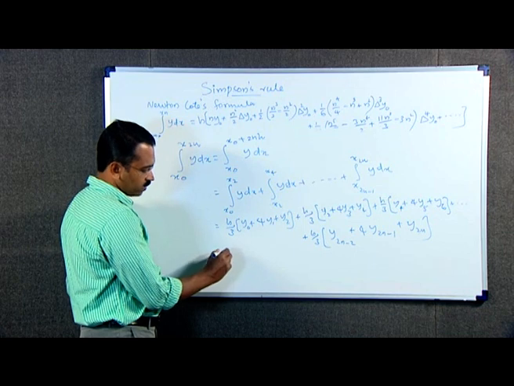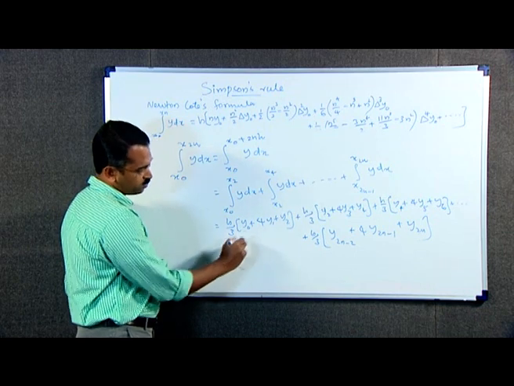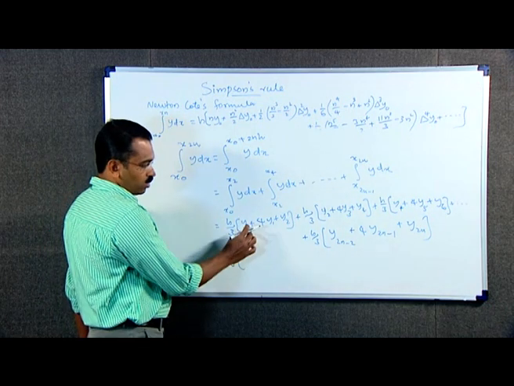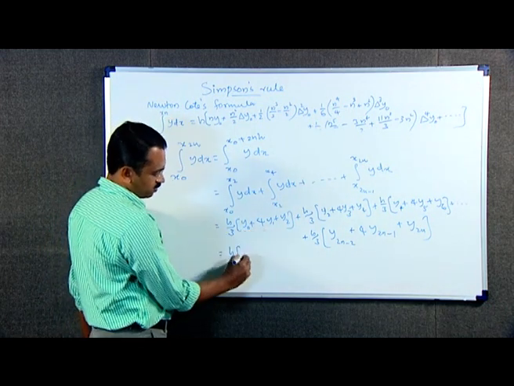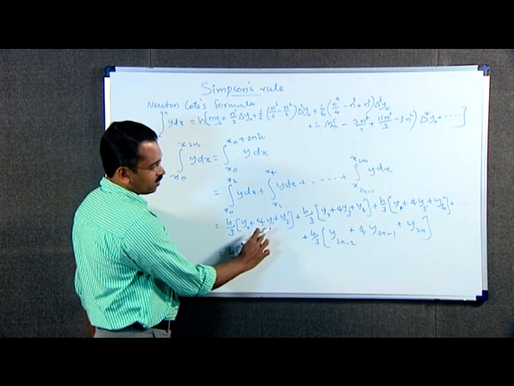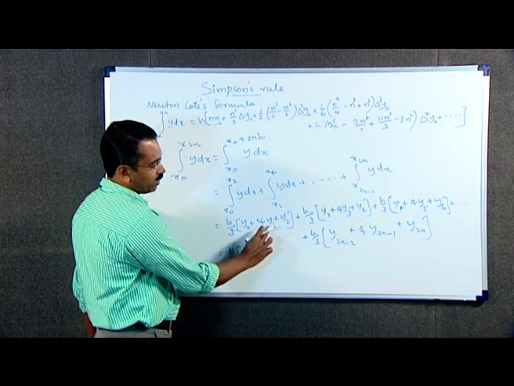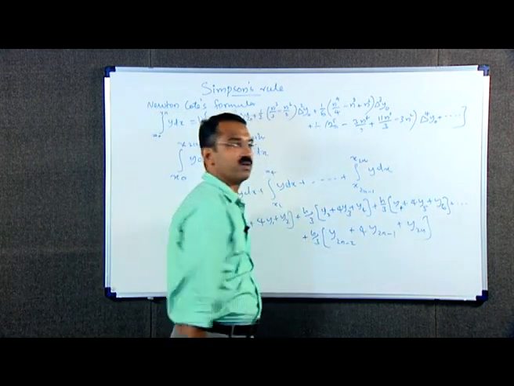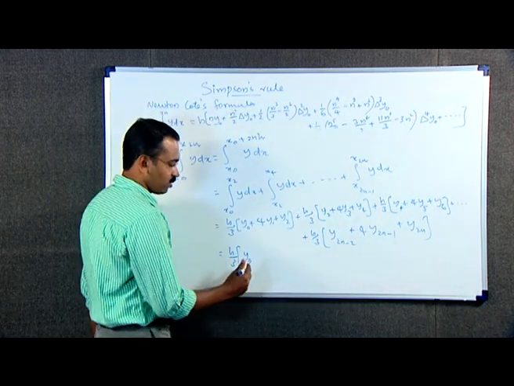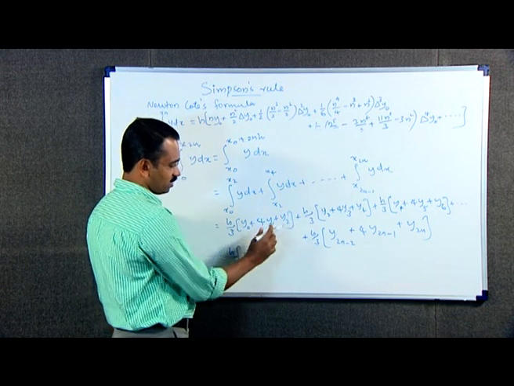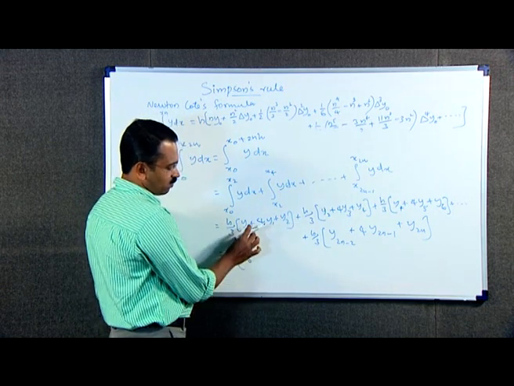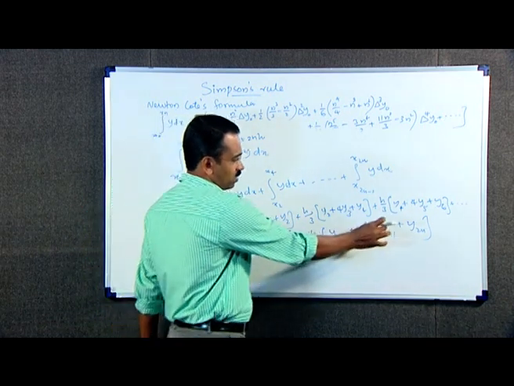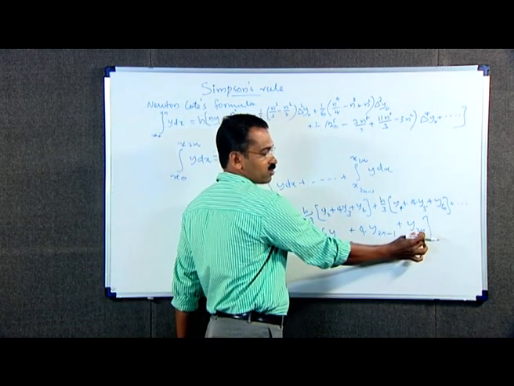This is equal to h by 3, which is common, into [y0, here 4 y1 plus 4 y3 plus 4 y5 etc.]. Therefore, we can combine the terms. y0 is only 1. Also, y2n is only 1.